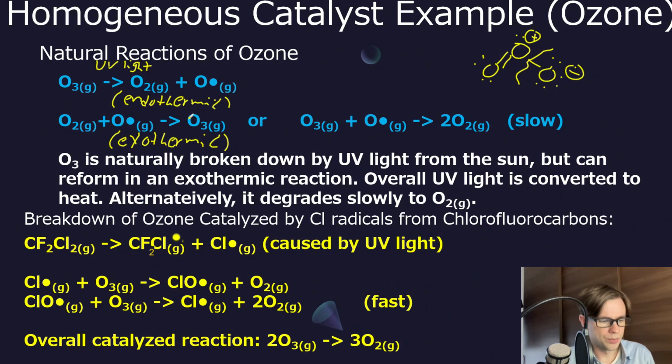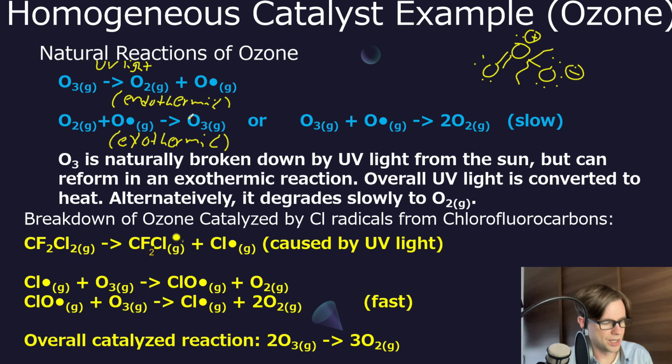So O3 is naturally broken down by UV light from the sun, but can reform in an exothermic reaction. Overall, UV light is converted to heat. Alternatively, it degrades slowly to O2. But then we have a problem if there are such things as chlorine radicals also in the atmosphere. Normally there is not, but due to human activity, we have released quite a lot of what are called chlorofluorocarbons, organic molecules that have carbon, fluorine, and chlorine.